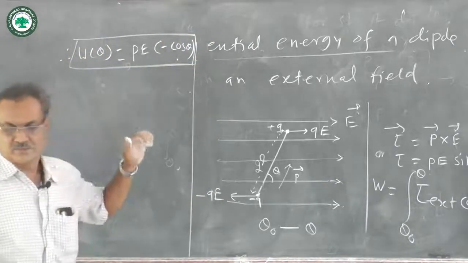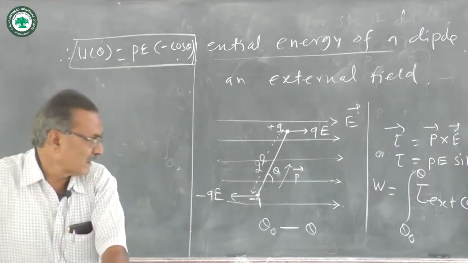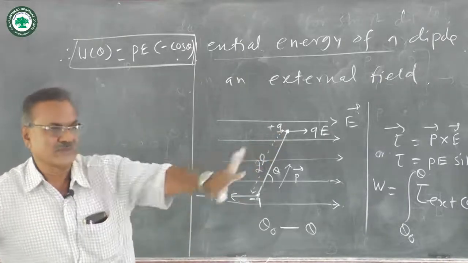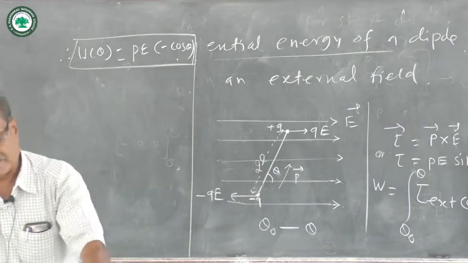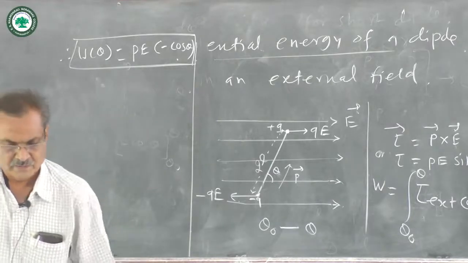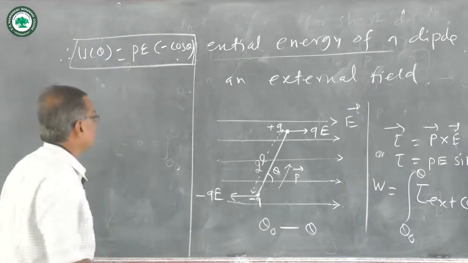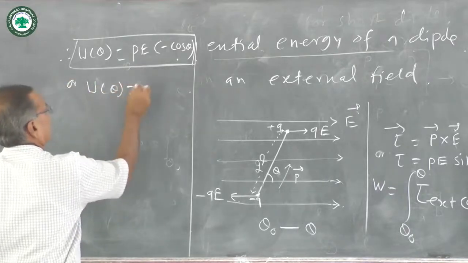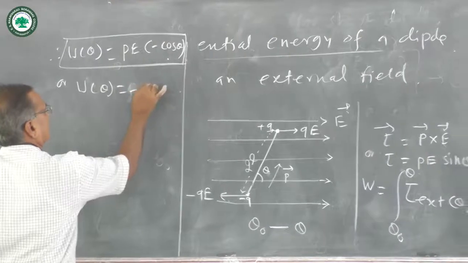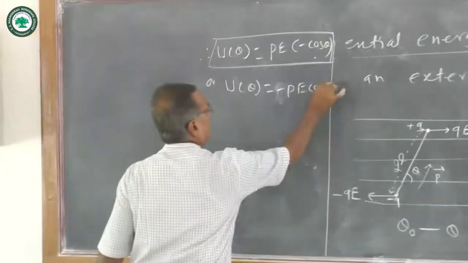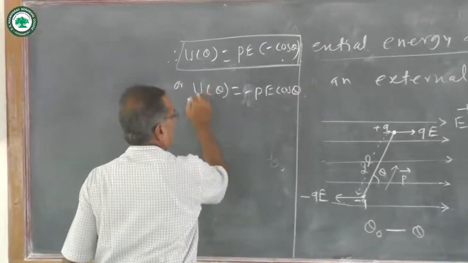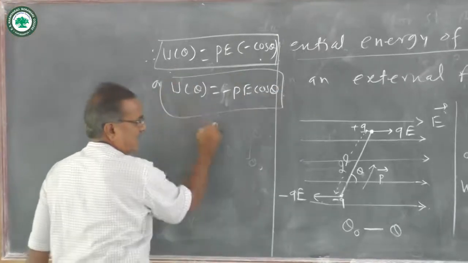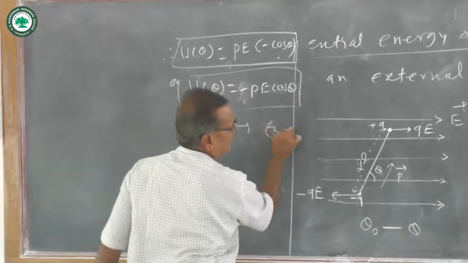Now this is the first case, if the angle between the dipole and the electric field is pi by 2 or 90 degrees. We can also write potential energy as minus PE cos theta. Suppose this is equation number 3.